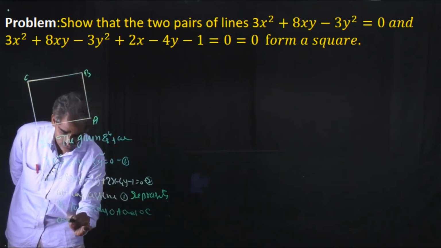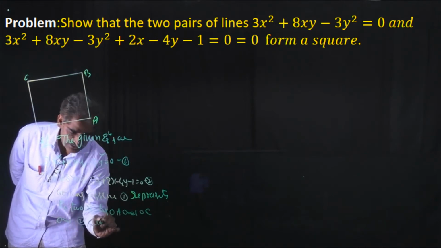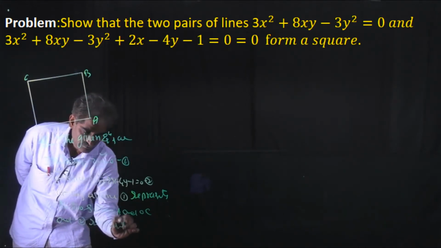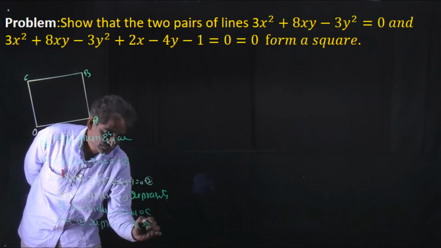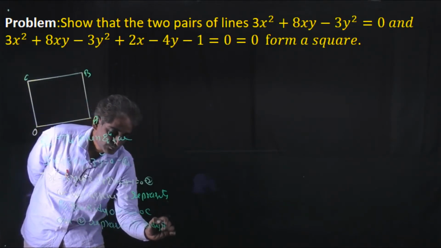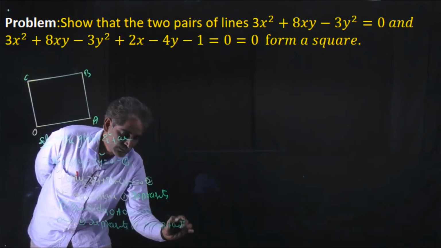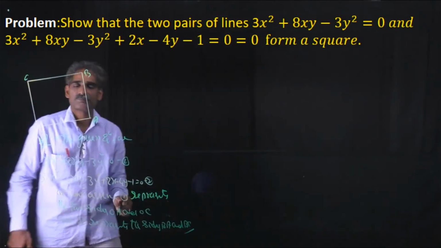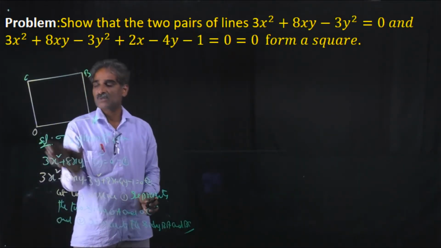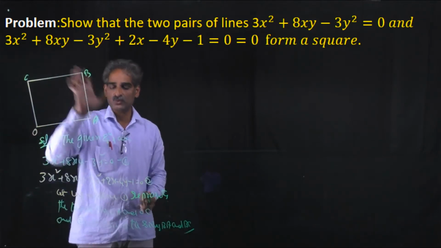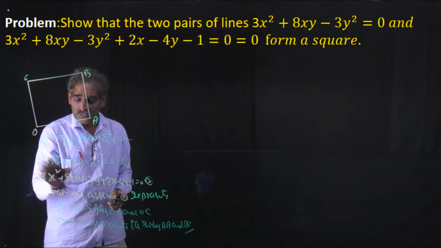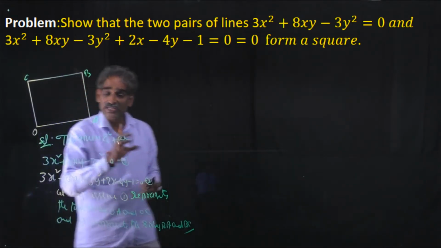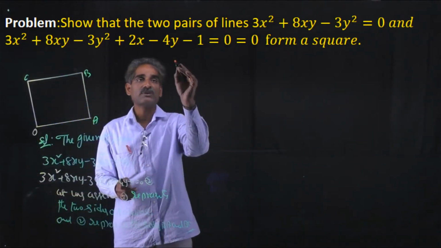And the equation 2 represents the two sides BA and BC. Okay, this equation represents these two sides, this equation represents these two sides. And at the same time, in 1 and 2, we observe that the homogeneous second degree parts are equal.